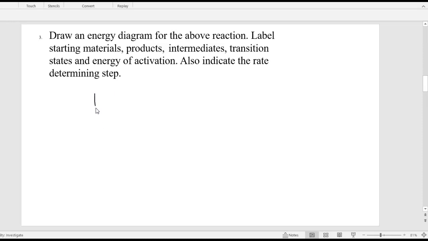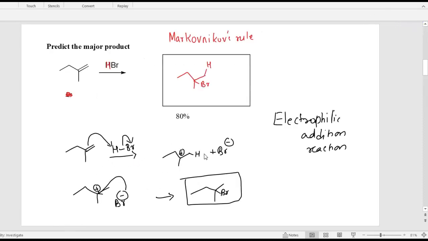Okay. So for drawing the energy diagram, you need to label the two axes. This is your energy, and this is the progress of the reaction. You're plotting energy versus progress of reaction. Now, if you look at the previous mechanism, this is a two-step mechanism, right? Two-step.